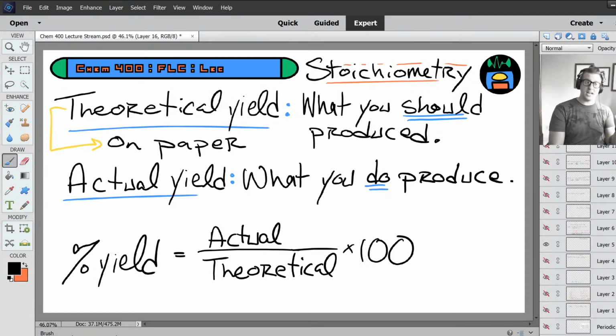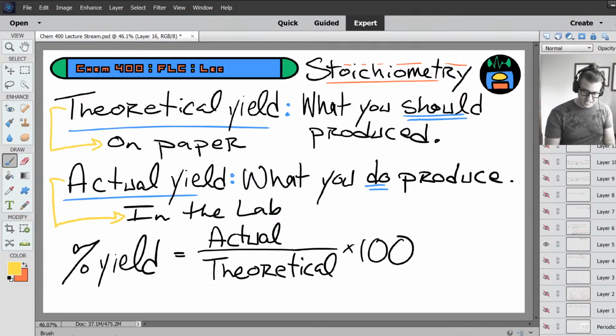Not every chemical reaction is an efficient reaction. Some reactions are sluggish, some are messy, some make more than one thing, some have byproducts. Your actual yield is what you get in the lab.